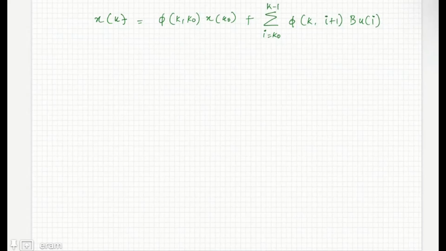So that is the solution. Now suppose we have a time varying system where A is a function of k and B is a function of k.